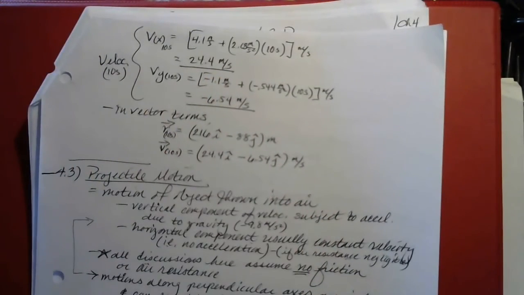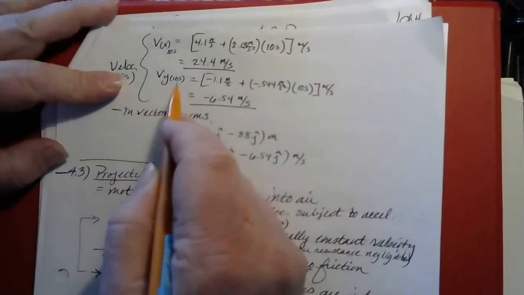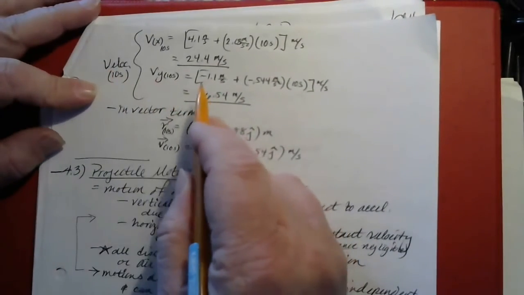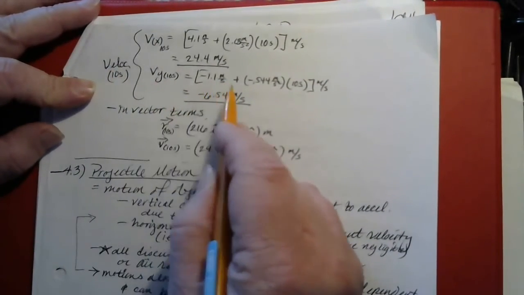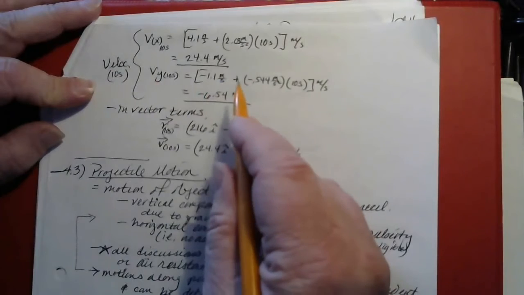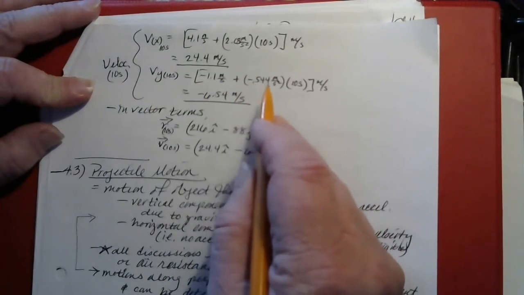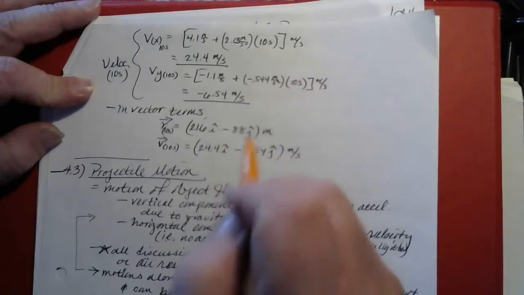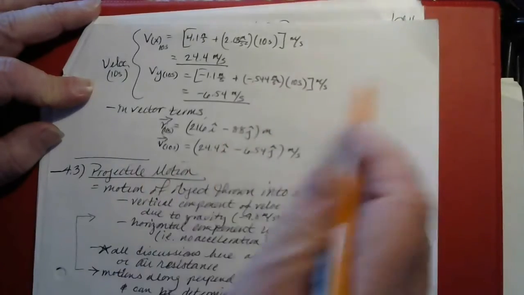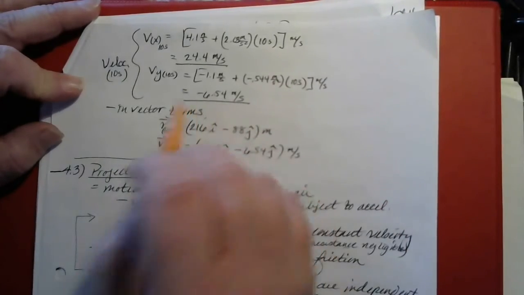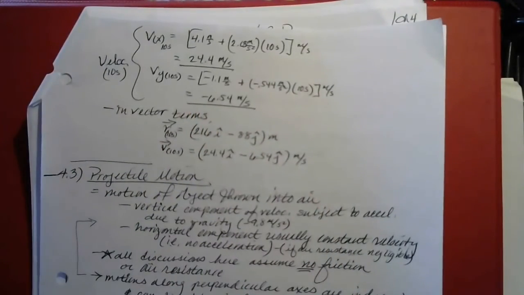And in the y direction, we have velocity in the y direction at 10 seconds is equal to the original velocity in the y direction, that's minus 1.1 meters per second, plus the acceleration in the y direction, that's negative 0.544 meters per second squared, times the time, which is 10. And that comes to negative 6.54 meters per second in the y direction.